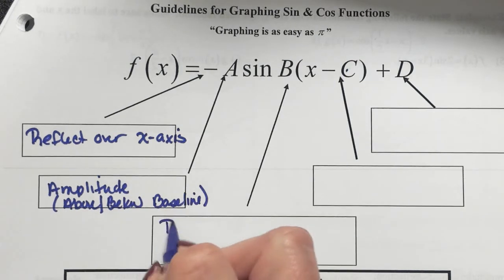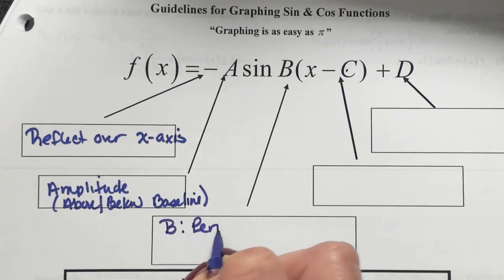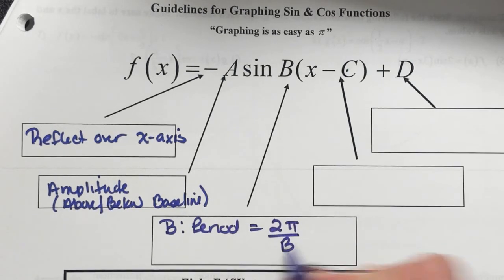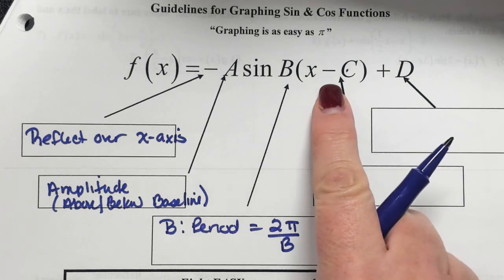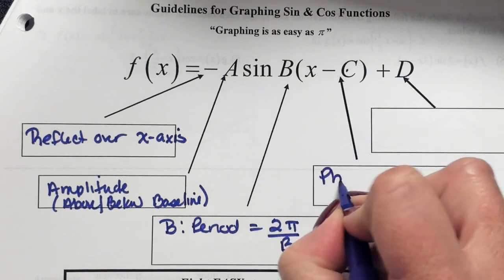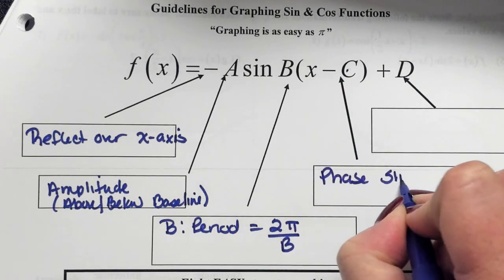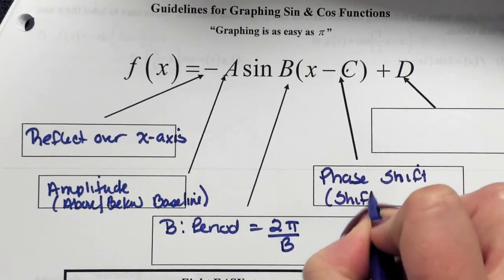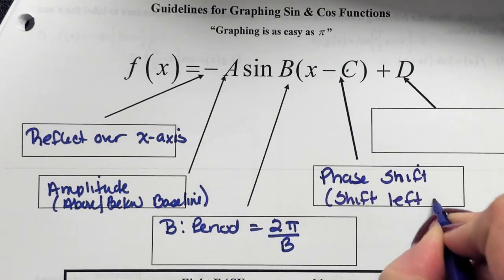Remember, B affects your period. Remember, it's going to be 2 pi divided by your B value. Just like from algebra, when you see that number added or subtracted to x, that's your horizontal shift, or what we call a phase shift. Remember, that's your shift to the left or right.